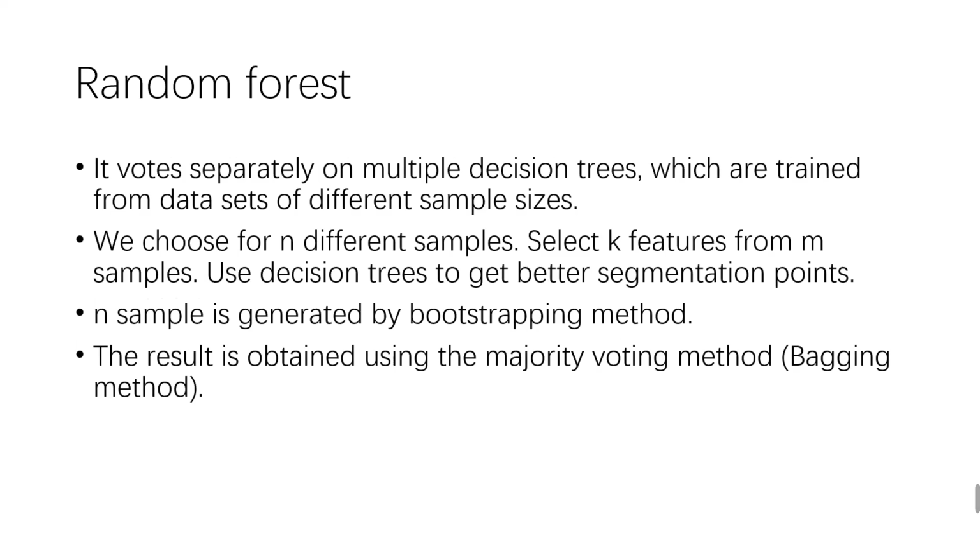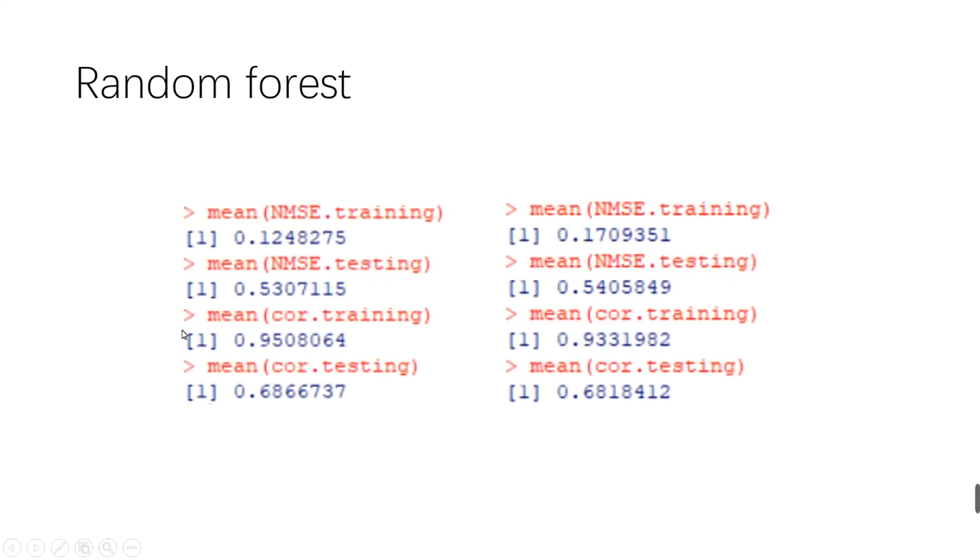The exact method is that we build a lot of decision trees, and these decision trees choose n different samples by the bootstrapping method. And then we use the bagging method to do the majority voting. And then the result is quite good.